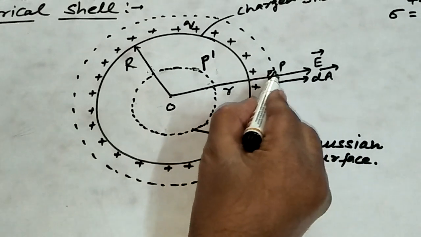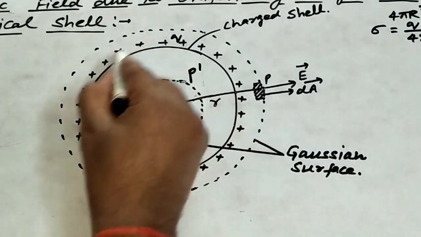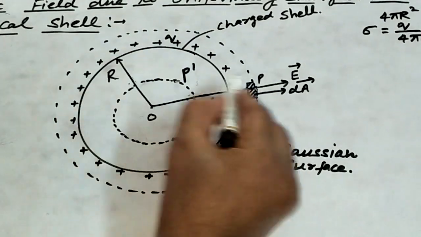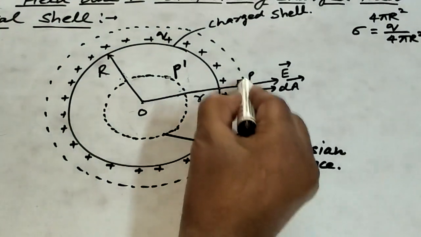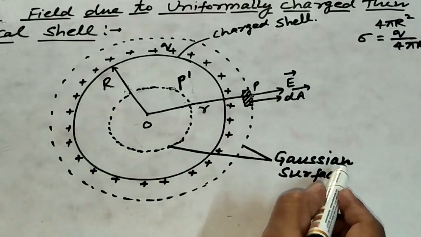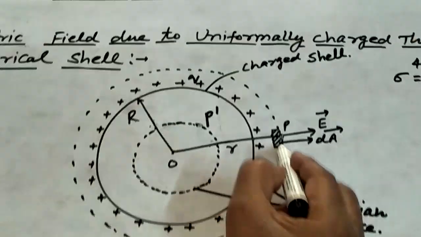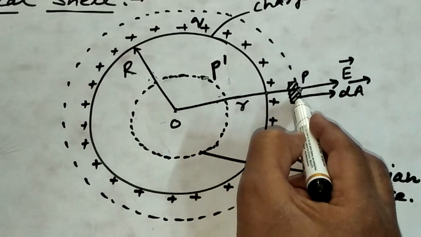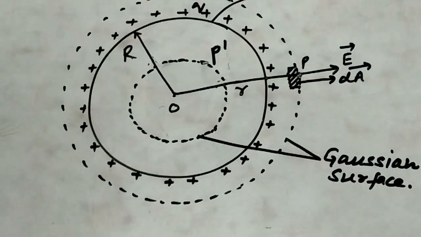As you know, first we will draw a Gaussian surface concentric to this spherical cell and passing through the point P. This is a Gaussian spherical surface which passes through the point P. First we will calculate the electric flux passing through a small area element taken on it, and finally, for finding the electric flux through the entire Gaussian surface, we will integrate it.